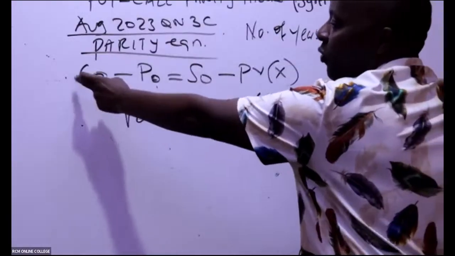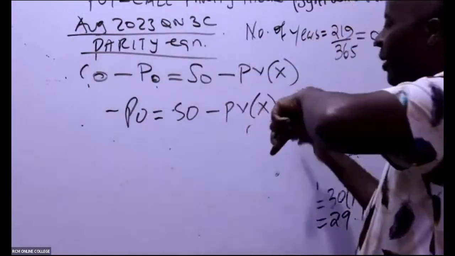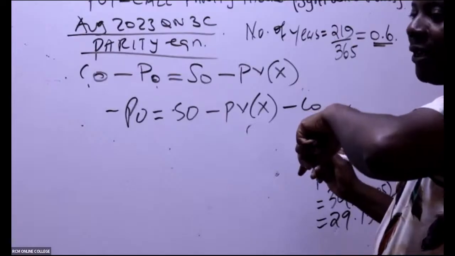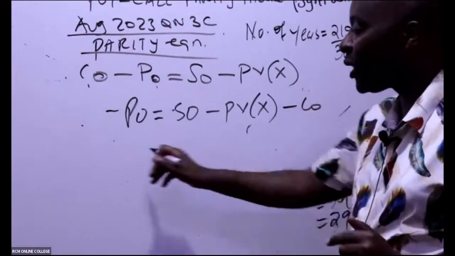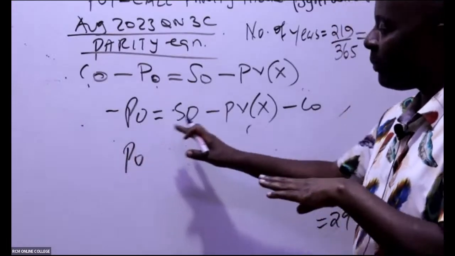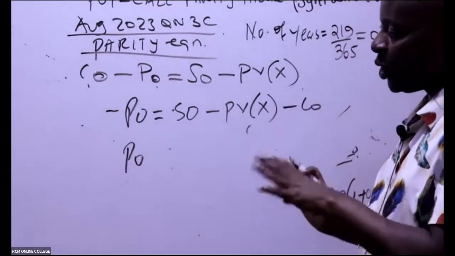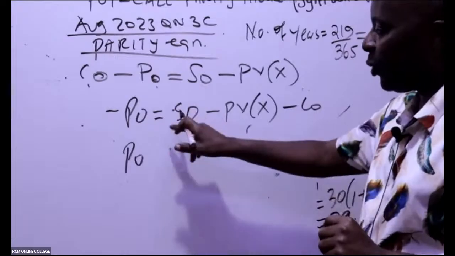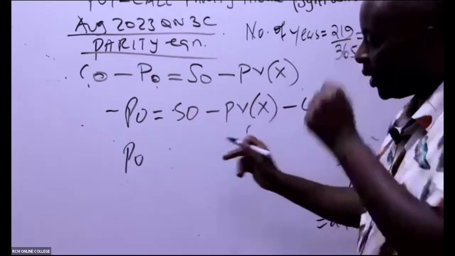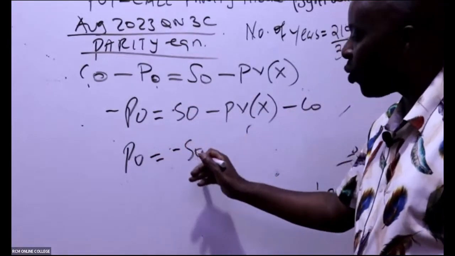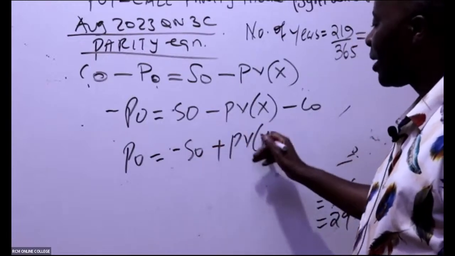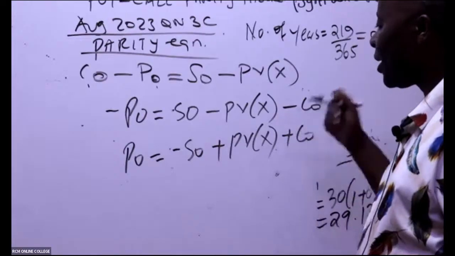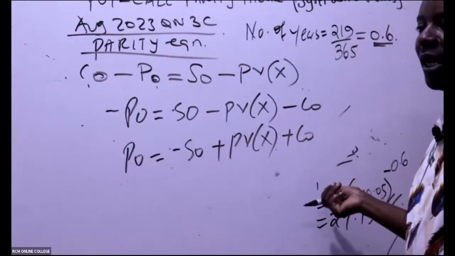Upon crossing over here, it's positive. But I don't want a minus PO. I only want positive PO. So all the terms here, we have to change their signs. You divide by minus 1. So this one here will be minus SO, this will be plus PV X, and this one here will be plus CO.